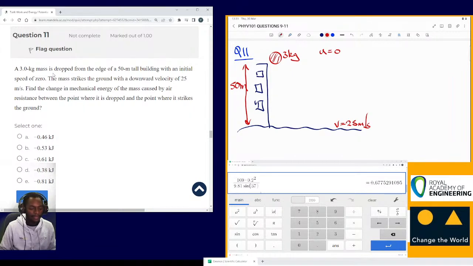So what equation do we know for a non-conservative force?